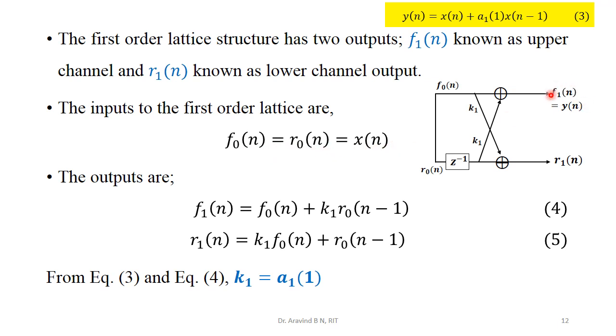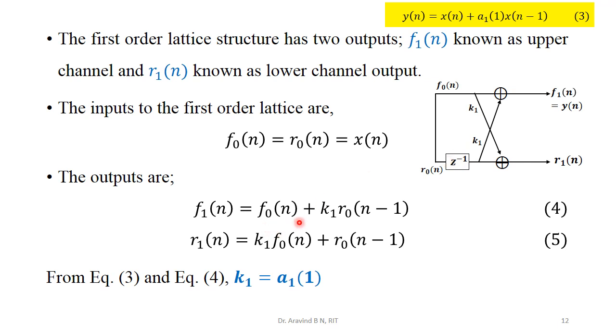Now write an expression for f1(n). How to write the expression for f1(n)? It is the summation outcome. What is the input for this summation? f0 is one input, and from this point there is one more input, which is K1 multiplied with r0(n minus 1), the delayed version.